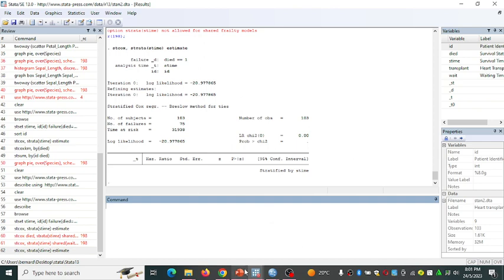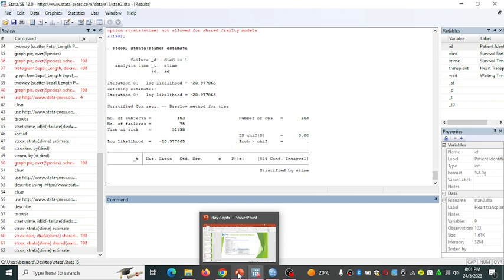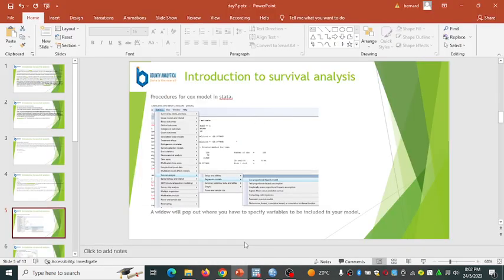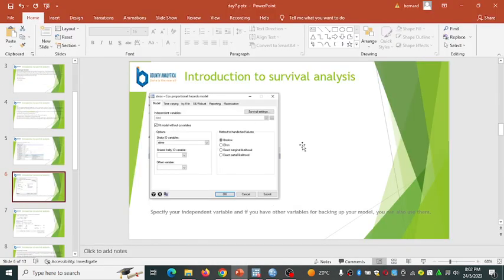Let's see. So that model will produce something like this here, but something here was not captured well.